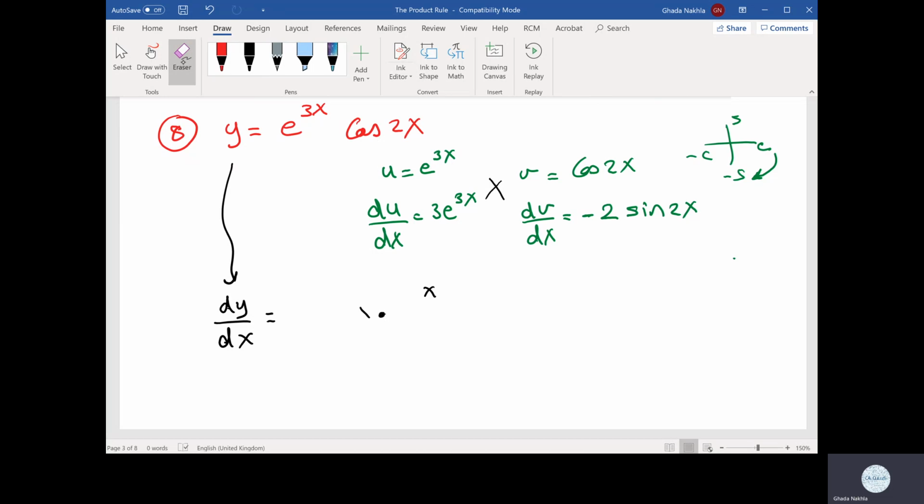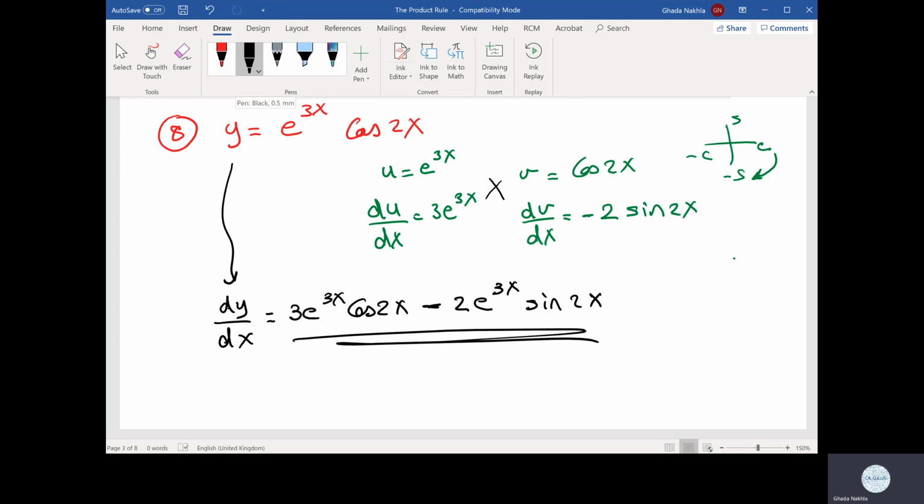I think I've messed it up. I'm going to rewrite it properly here: 3 e to the 3x cos 2x minus 2 e to the 3x sine 2x. And again, you can take e to the 3x as a common factor, but let's leave it for now.